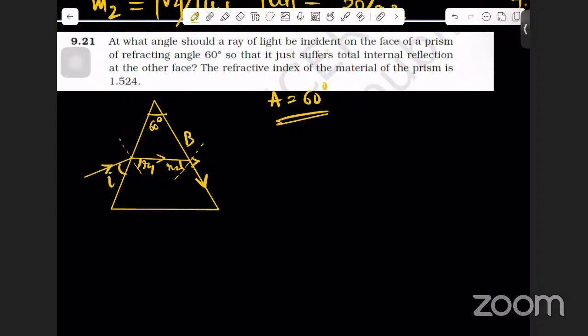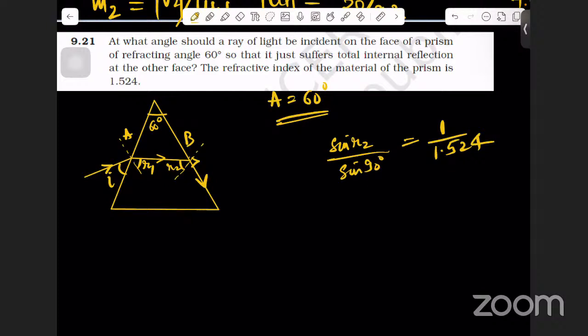So first, let's start at the point B, right? For point B, sine R2, because this is the incident angle for this face, by sine 90 degrees is equal to air's 1 divided by the prism's refractive index, which is 1.524.